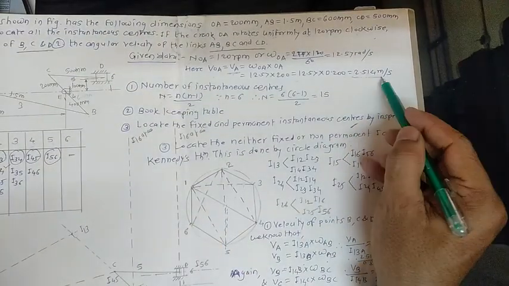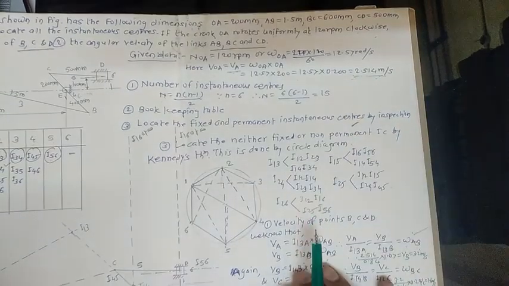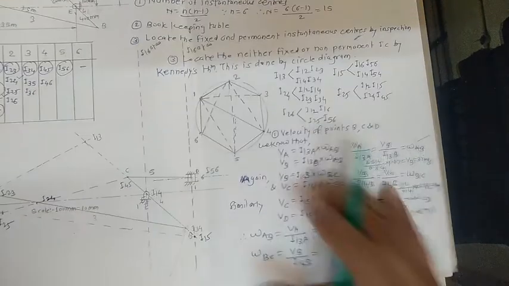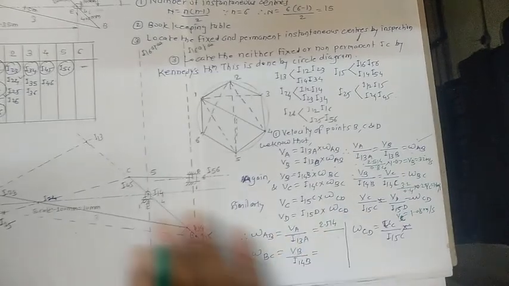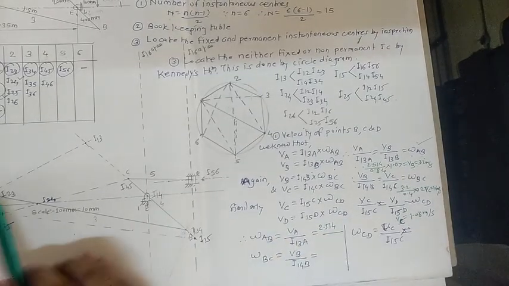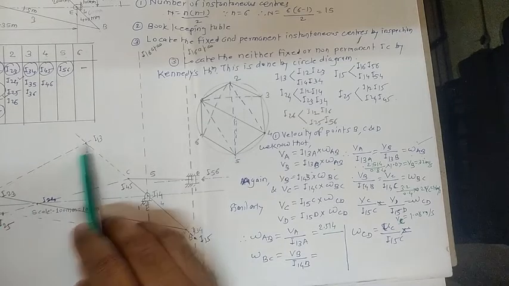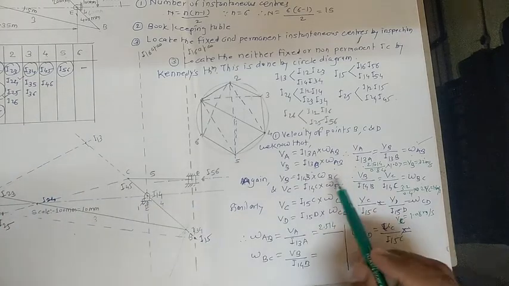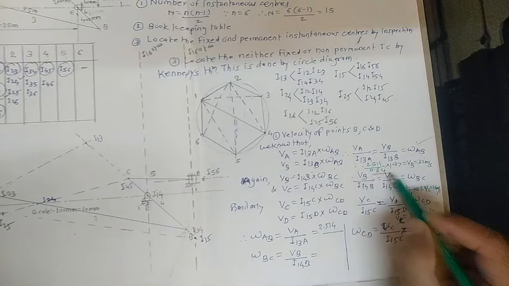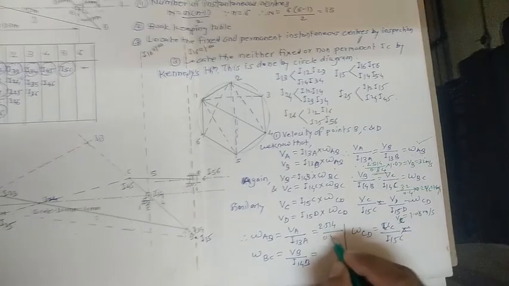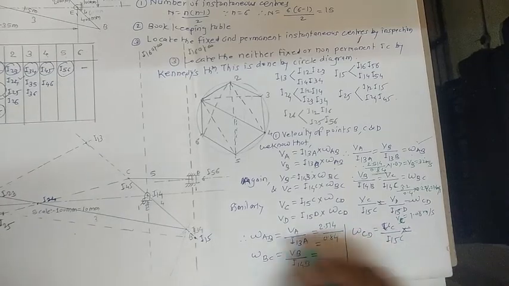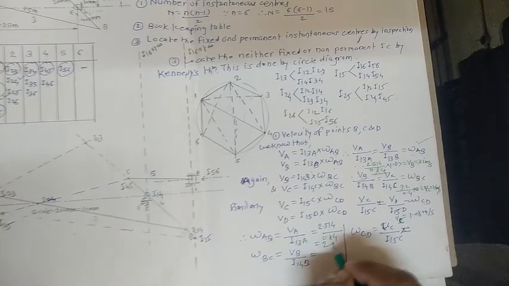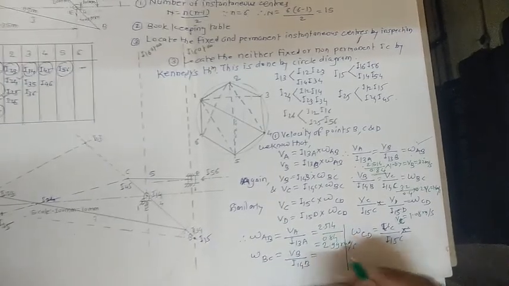So this is the VA value with us, 2.514. So 2.514 divided by I13A, this is the distance with us. That distance already we have measured here. Do the calculation, we can get the omega AB as 2.99 radian per second.